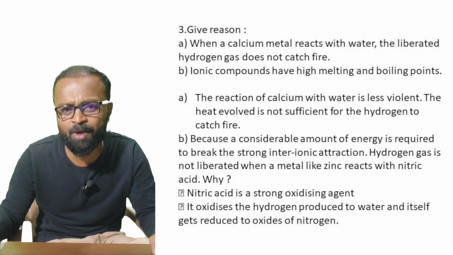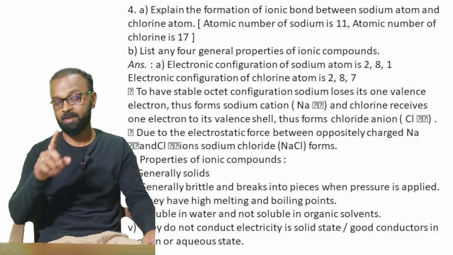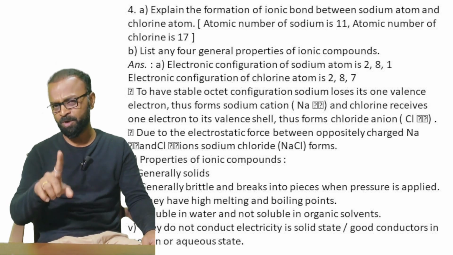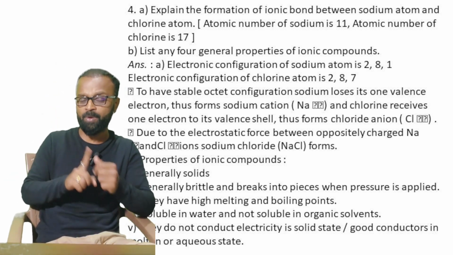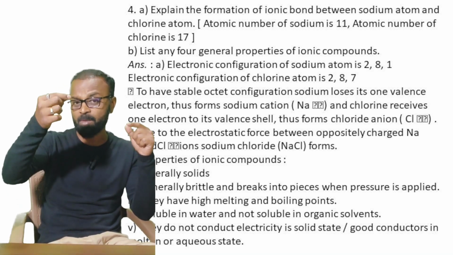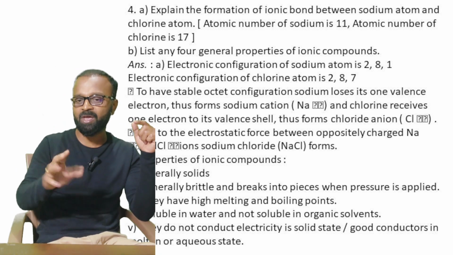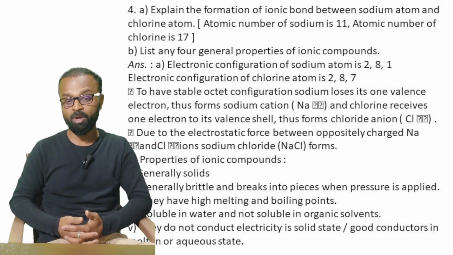So the next question is, why do ionic compounds have high melting and boiling point? I'm telling again, 100% a question based on ionic compounds will come. Either they will ask to name the properties of ionic compounds, or, in case they miss that, based on the properties of ionic compounds, they'll ask why ionic compounds have high melting and boiling point.